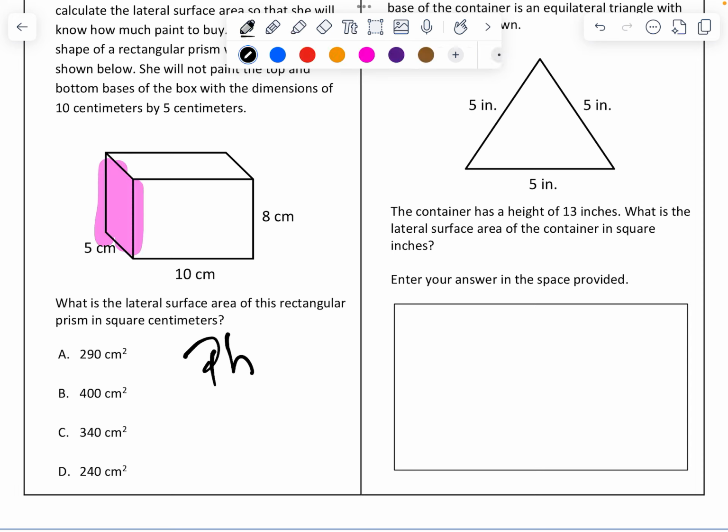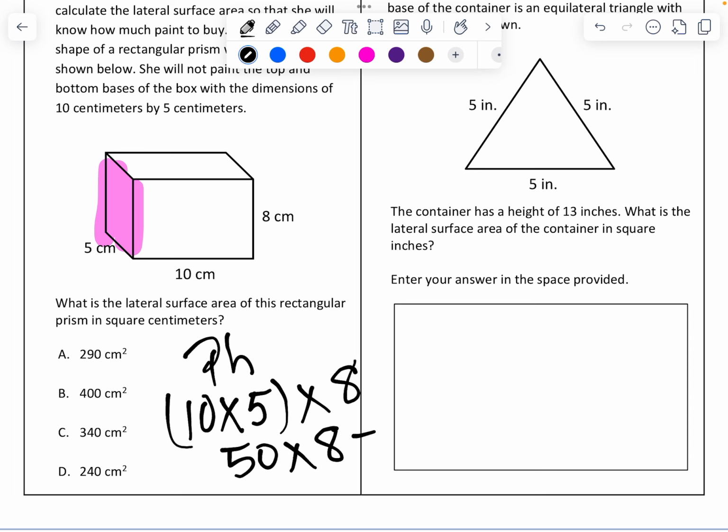And so if that's the base, then it would be 10 times 5 times 8. Well, this is 50 times 8, which is going to be 400.